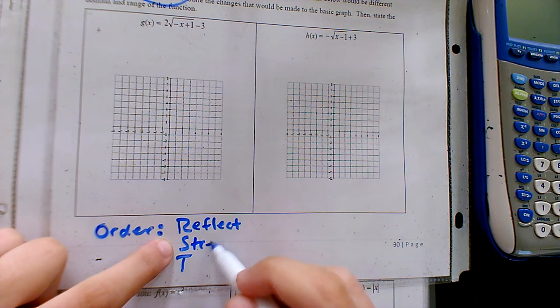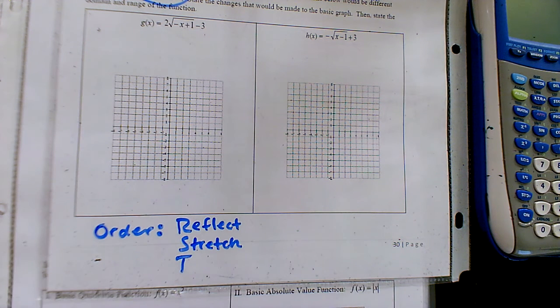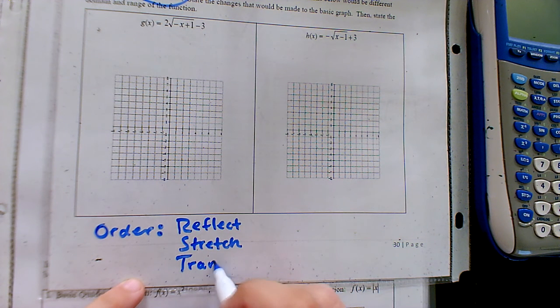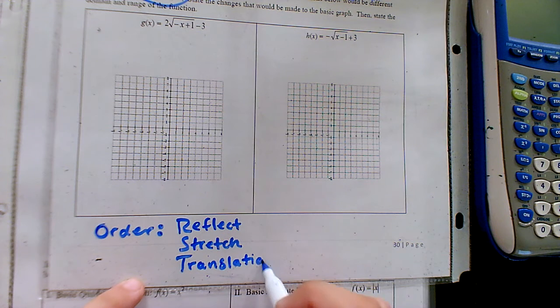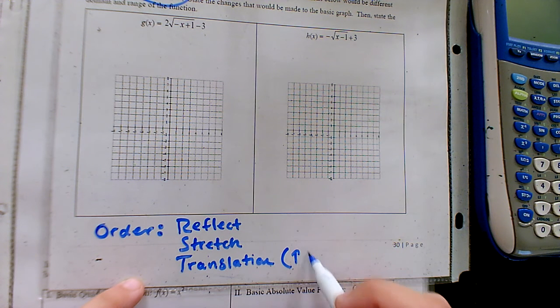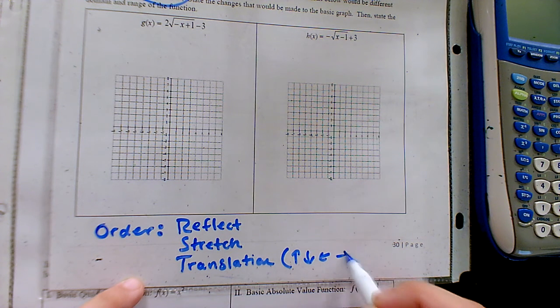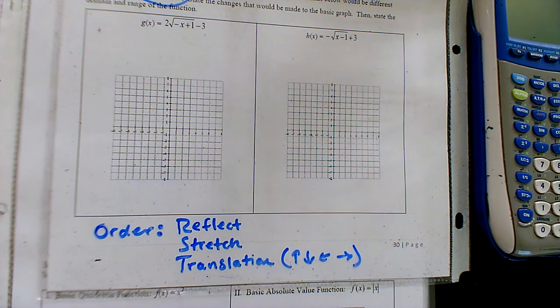The S stands for stretch, if we have that vertical stretch, making it wider or taller. And then the T stands for translation. That's when you move it up, down, left, or right. Those are done last. So I want you to think about RST. Alphabetical order, Wheel of Fortune, whatever helps you remember that.